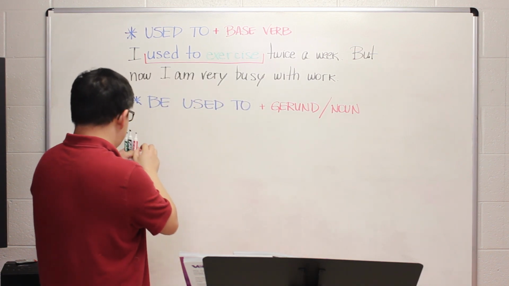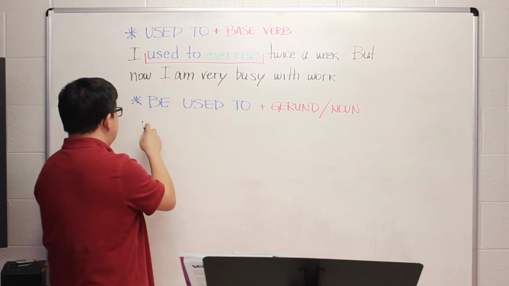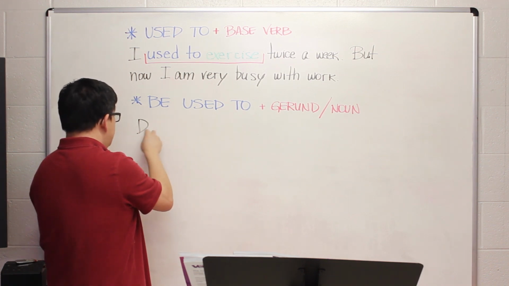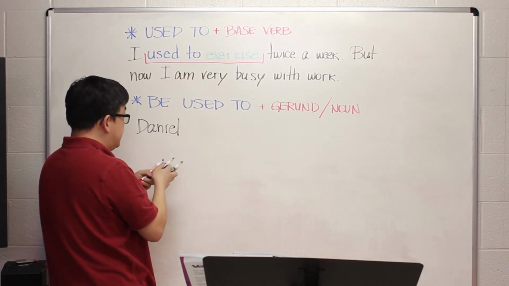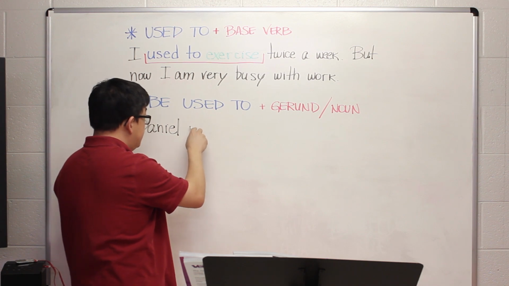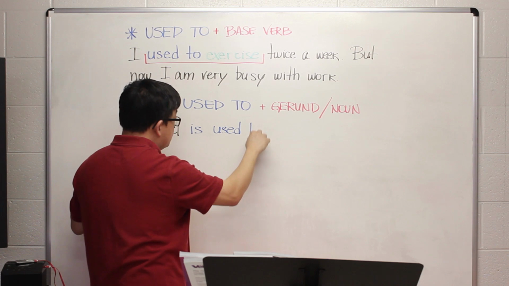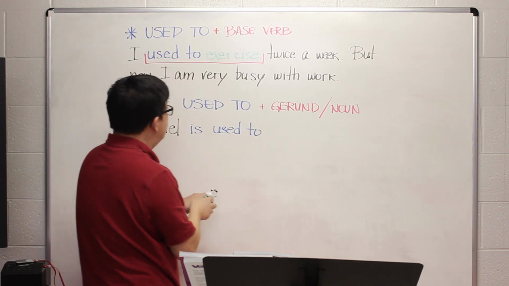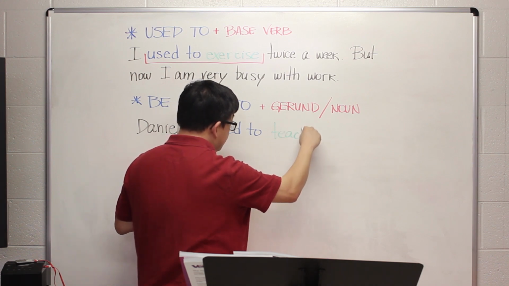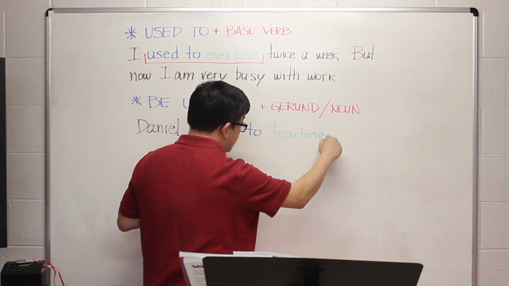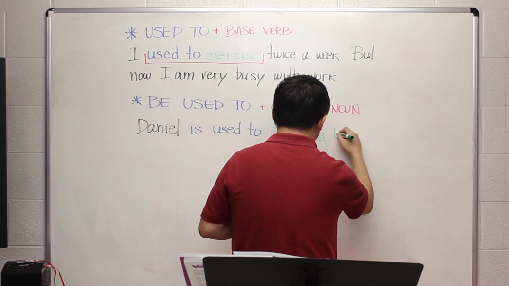For example, look. Now I want you to pay attention. This is for things that you are used to. For example, look. Daniel, verb to be, look, is used to, now, gerund, teaching. To teaching English.